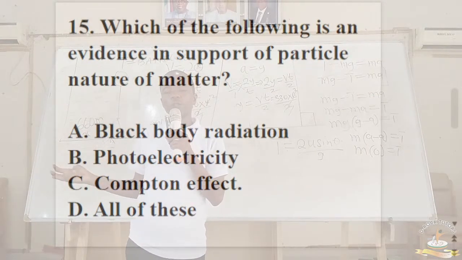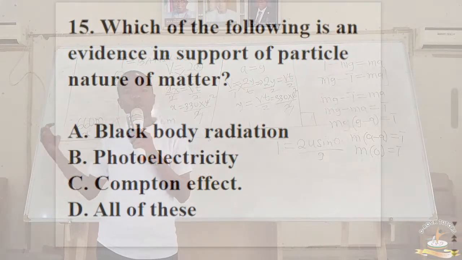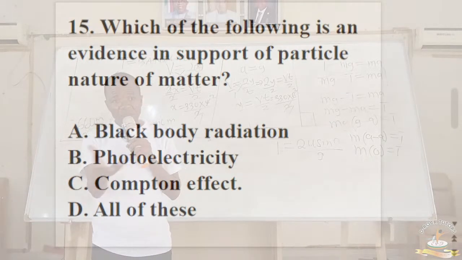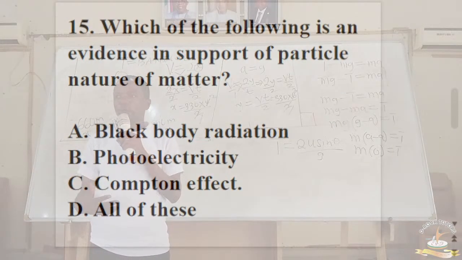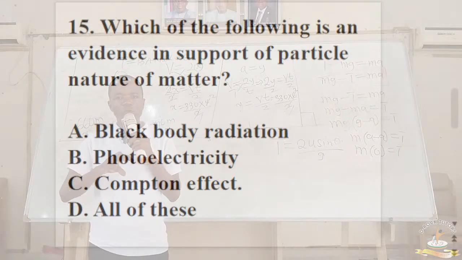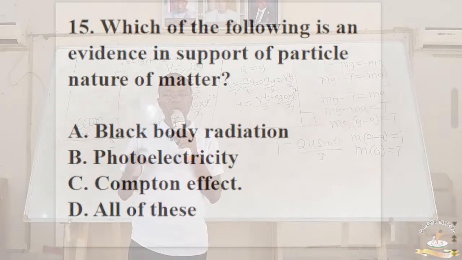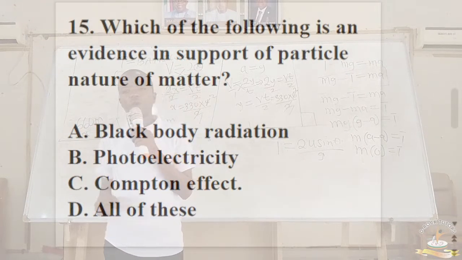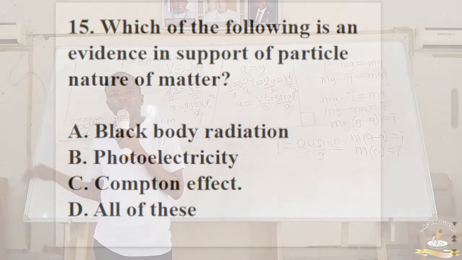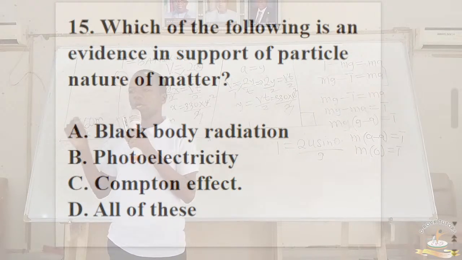Number two, photoelectric emission or photoelectricity. That's the process whereby electrons are ejected from the surface of a suitable metal when light is incident on it. The third one is Compton effect, and the fourth one is black body radiation.